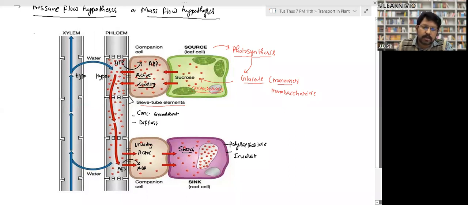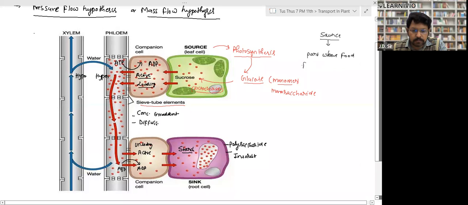In the process, these are the source. What is the source? Source are those parts where food formation takes place.